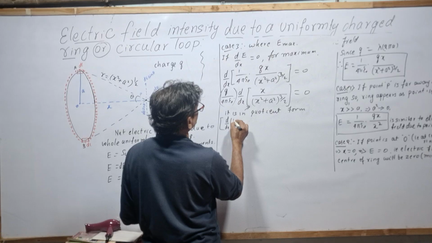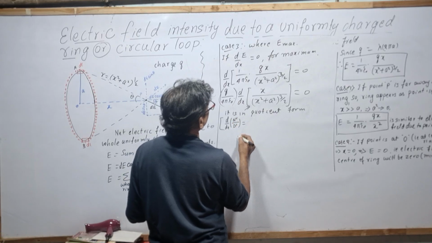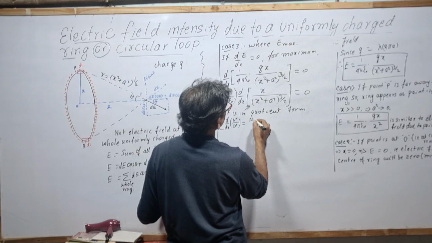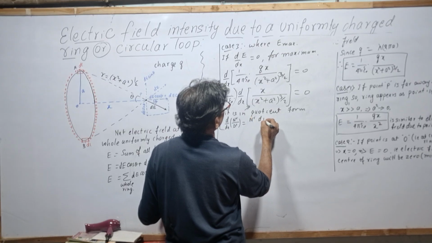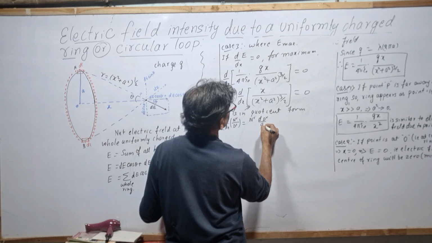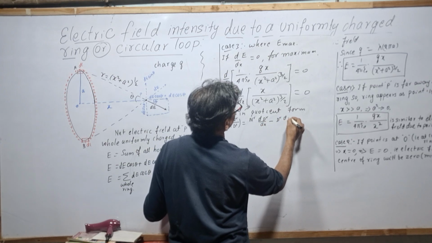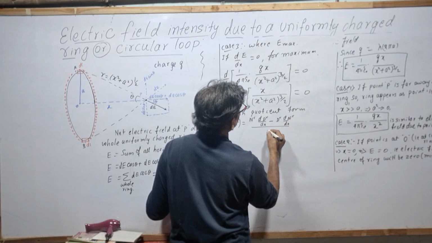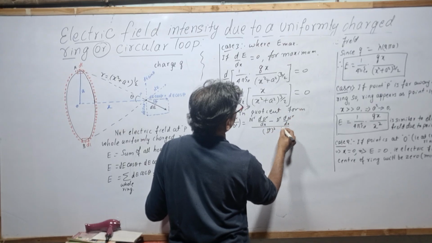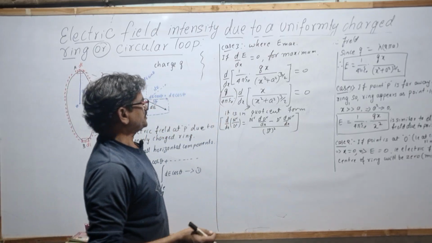It is numerator and this is denominator, equal to denominator as it is, differentiation of numerator with respect to x, minus numerator as it is, differentiation of denominator with respect to x, whole divided by denominator square. This is the differentiation rule.